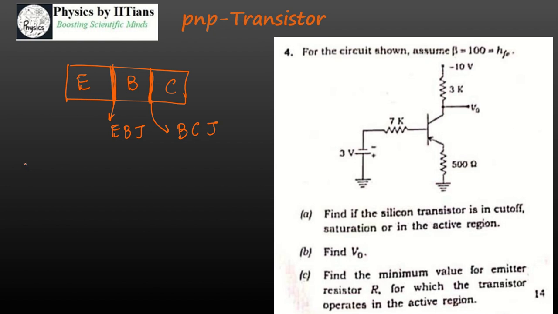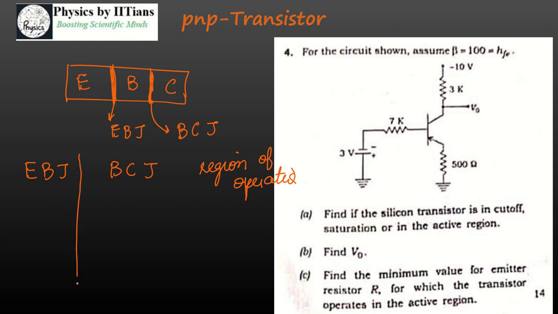So I am writing a table where this is the emitter base junction, this is the base collector or collector base junction, whatever you call it, and then this is the region of operation. So let me write the region of operation. These are the three columns of this particular table that I am trying to draw.